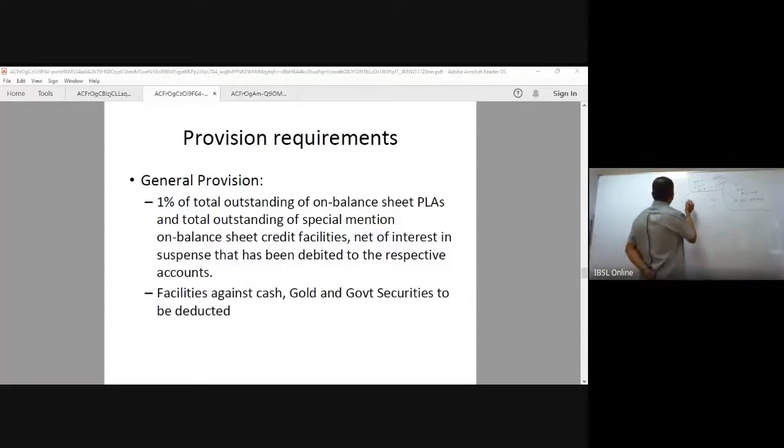This is the net profit, right? 1 billion. Now they say advertisement expenses not allowed. Add advertisement expenses charged to P&L, 100 million. And then let us say executive entertainment, right? Executive entertainment.